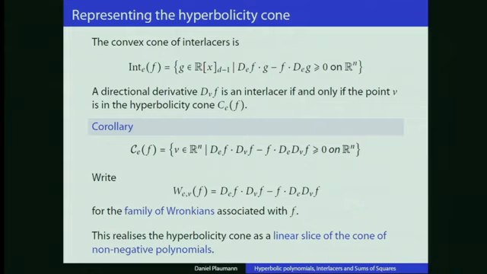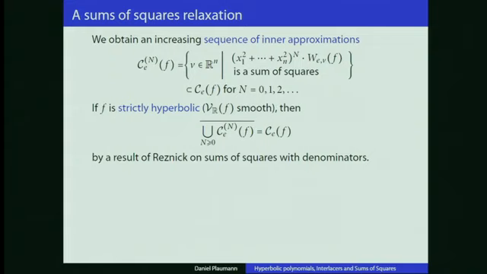So now, of course, once you have such a description, you can play the usual game. You can look at sums of squares relaxations if you want. So this gives you an inner approximation of the hyperbolicity cone. You just require this Wronskian to be a sum of squares, or maybe if it's not a sum of squares, you can also look at a hierarchy where you allow denominators and multiply with such a polynomial, sum of xi squared raised to the power of n.